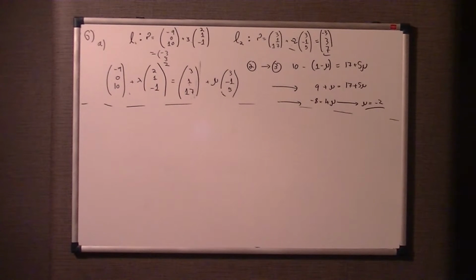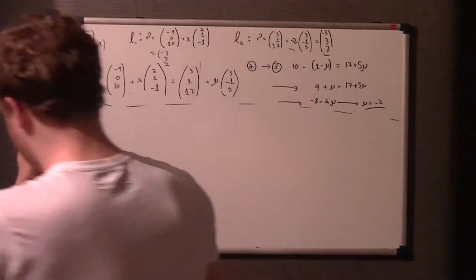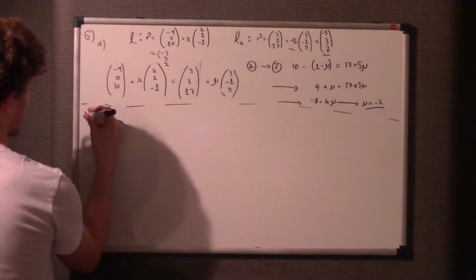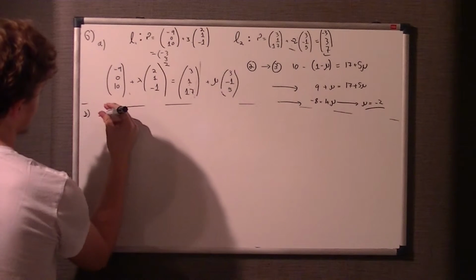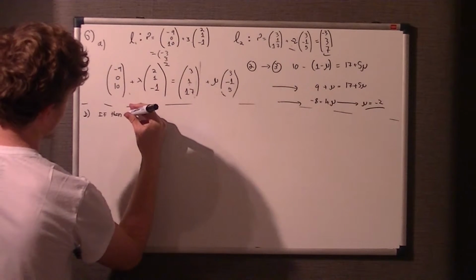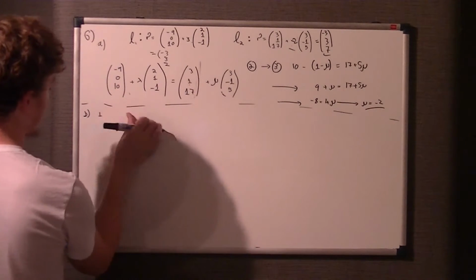Okay, now we need to show that L1 and L2 are perpendicular to each other. The first thing you would write is: if they are perpendicular, then the dot product of the two vectors will be 0.